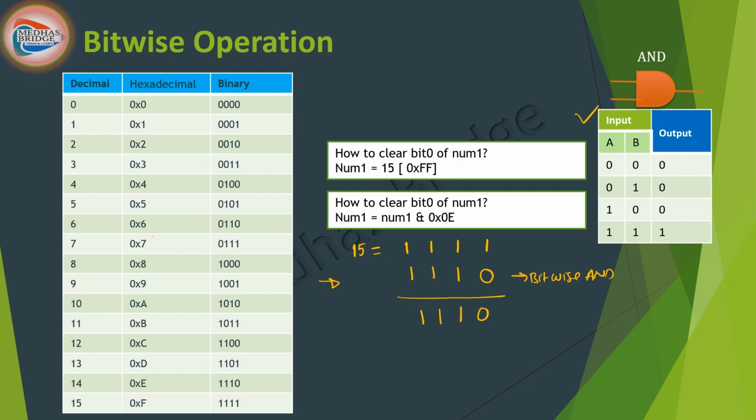So without touching all other bits, if I wanted to clear the last bit, the least significant bit, this is the mechanism I have to choose. 1 1 1 0 means 14, right? 0e value. So the answer is num1 equals num1 bitwise AND with 0e. If you write this, then it clears the least significant bit. That's what you wanted. Do you see? This is the kind of application you can come across when you work on hardware.